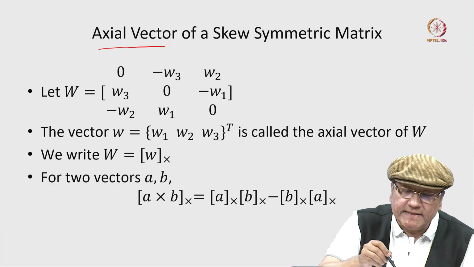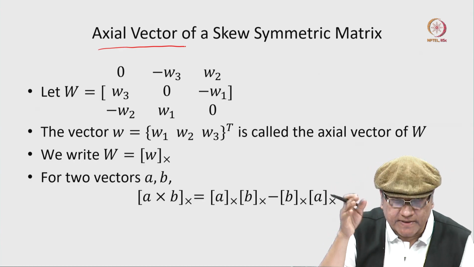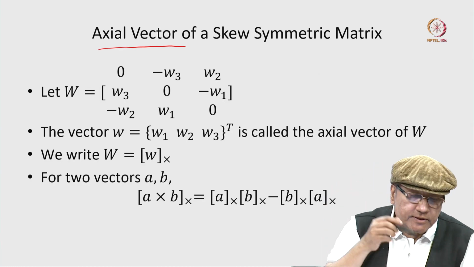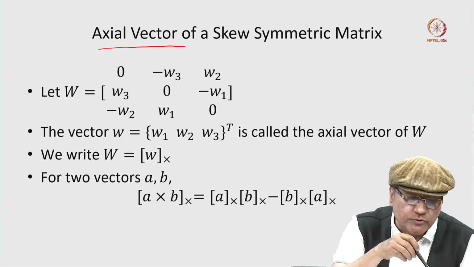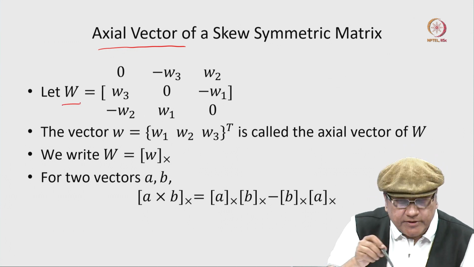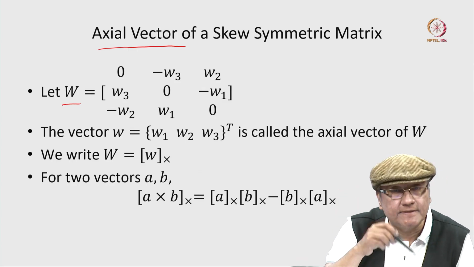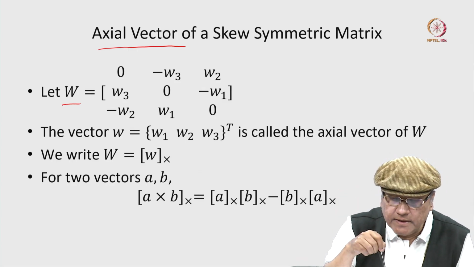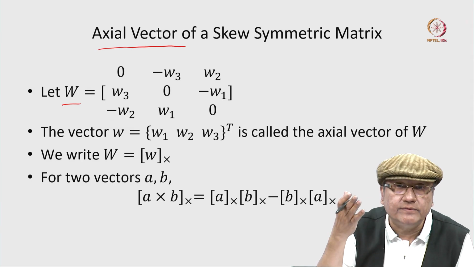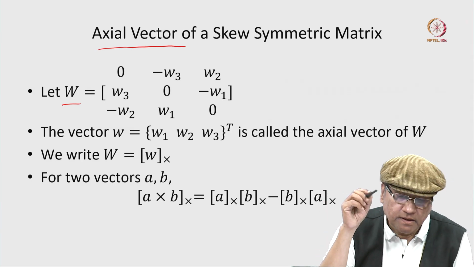Specifically, let us talk of what is an axial vector of a skew-symmetric matrix. Some of you may already be knowing it. So let us talk of a 3 by 3 skew-symmetric matrix W. Any 3 by 3 skew-symmetric matrix over the real field can be represented by this, where W1, W2 and W3 are 3 real numbers.